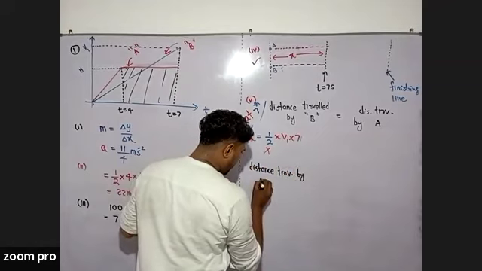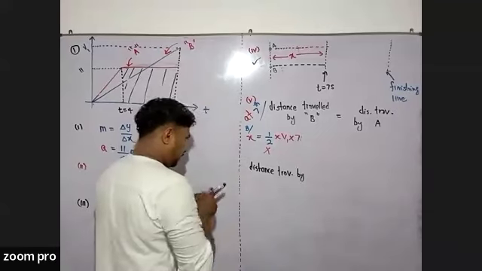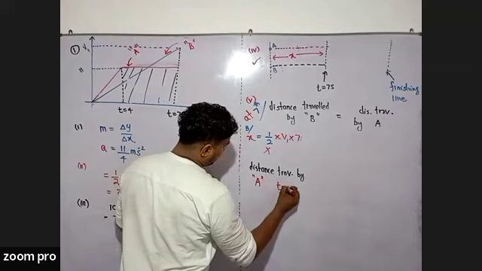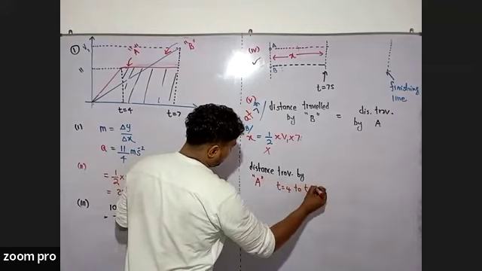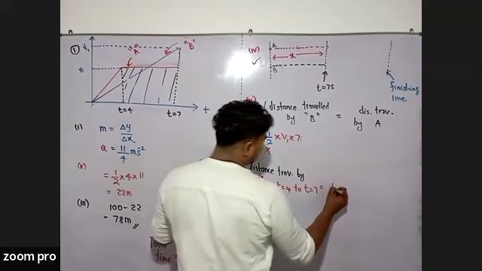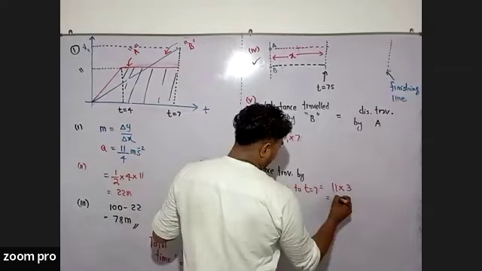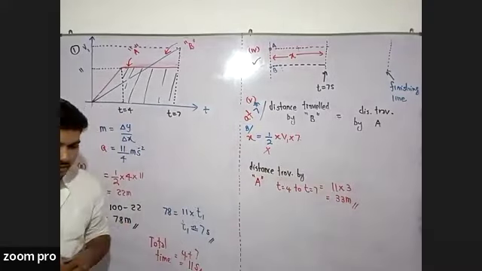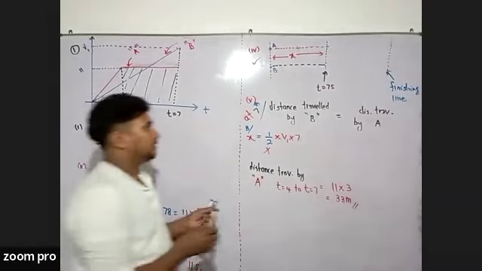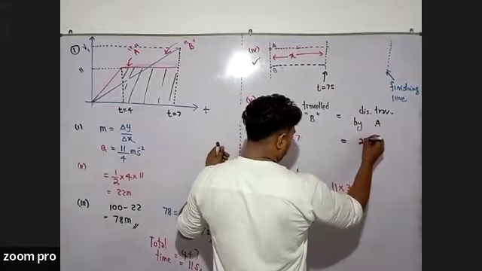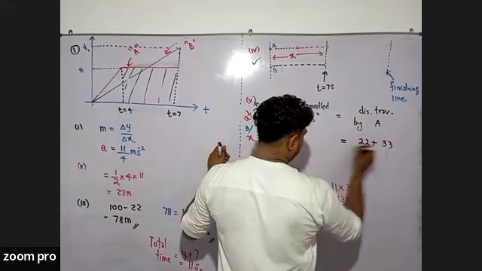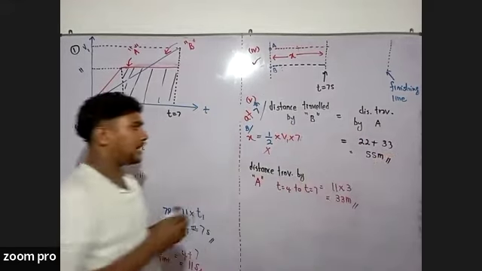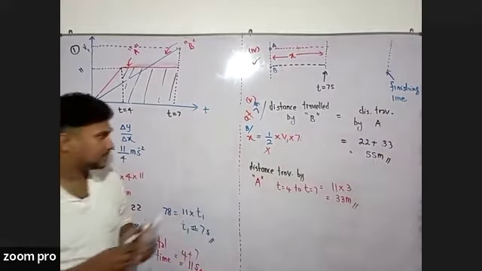The distance traveled by A person from T4 to T7 can be obtained by considering the area. That means 33 meters. Right. So at the end of the 7 seconds, A has traveled 22 plus 33, that means 55 meters. So it is the distance traveled by the B at the 7 seconds, right?